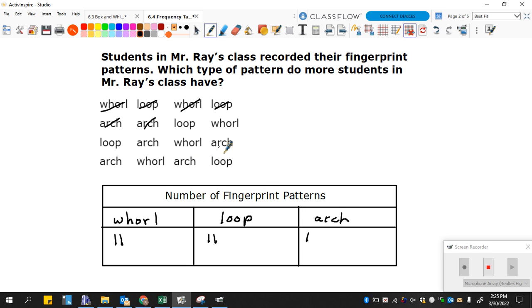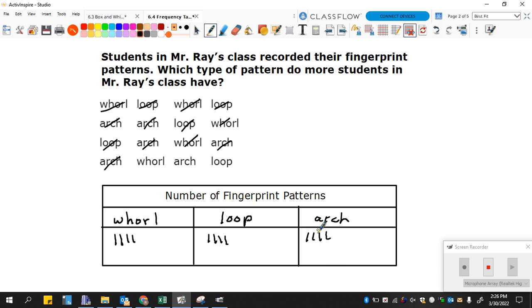Then we have another arch. Then we have a loop. And we have a whirl. And we have a loop. We have an arch. A whirl. Another arch. Then we have another arch.